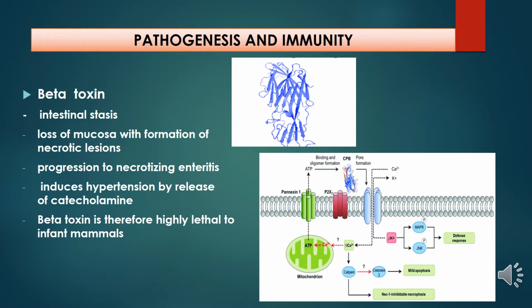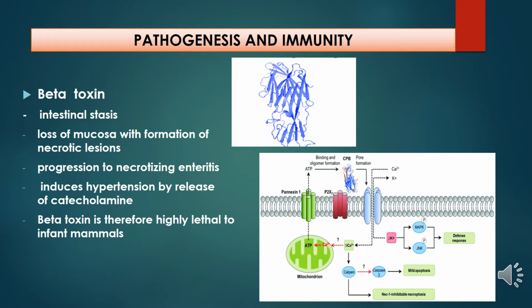Pore formation results in calcium 2 plus influx and loss of intracytoplasmic K plus, and then the increase of calcium 2 plus is associated with calpain activation and necroptosis, which is inhibited by the Nec-1.